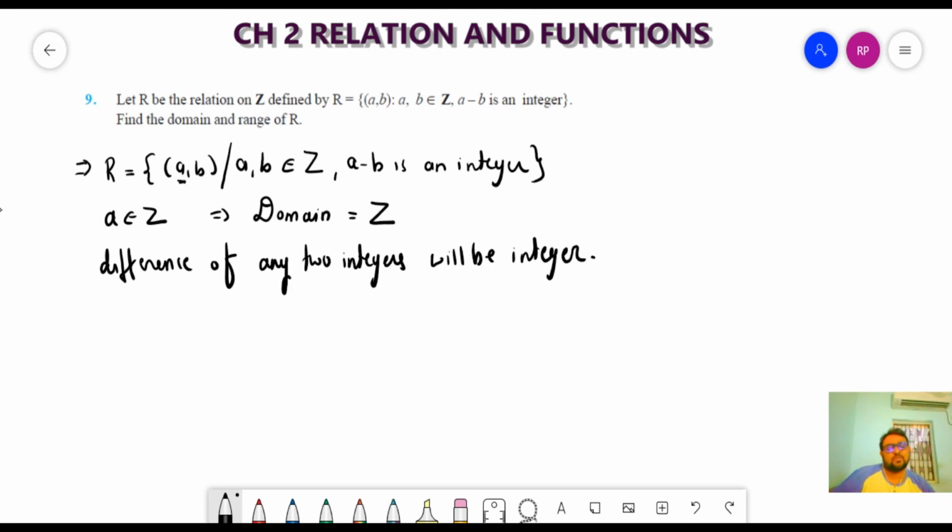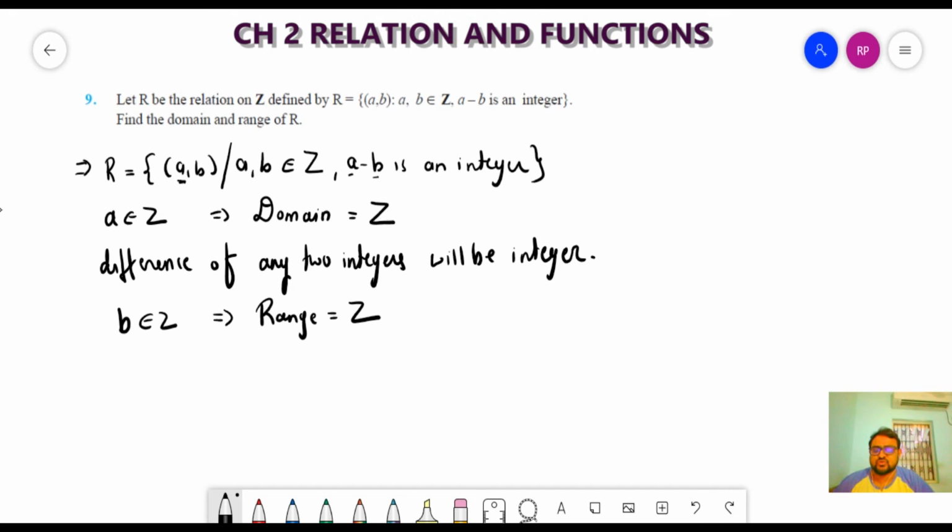Means when you subtract any two integers, the answer will be an integer. So if I am taking a as any integer, then I can take b as any integer. So b will also belong to Z. We can take any value from the integers, right? So the range will also be equal to Z.